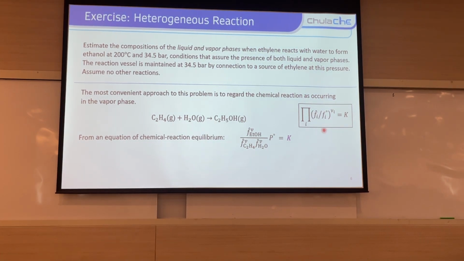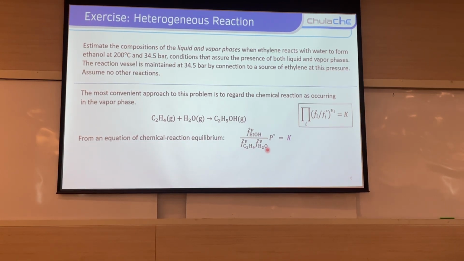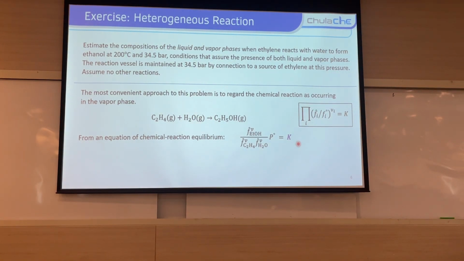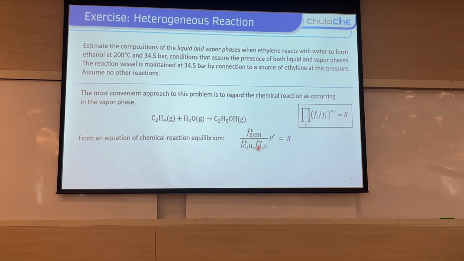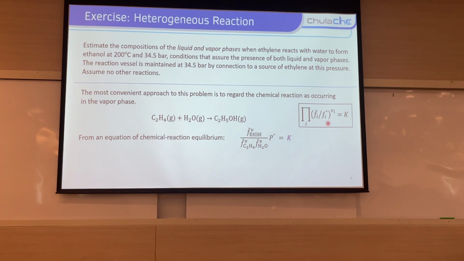So this is the equation of the chemical reaction equilibrium, and the right hand side term is still the equilibrium constant here. For the left hand side, you just change the fugacity at the standard state, the denominator here, the fugacity with the degree superscript, into the standard state ratio here.